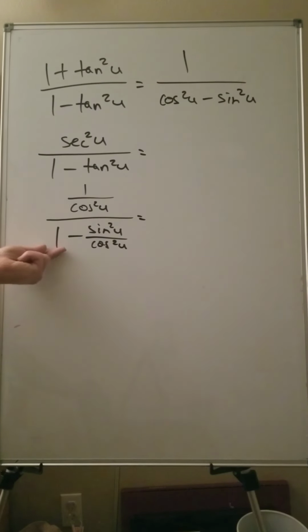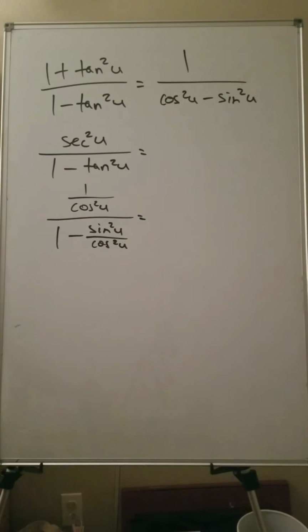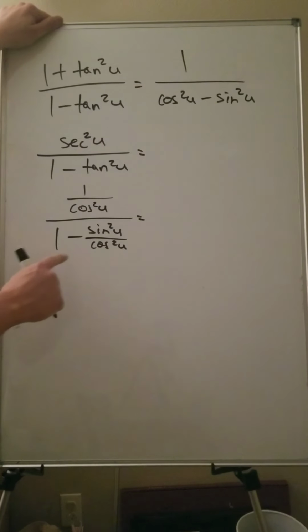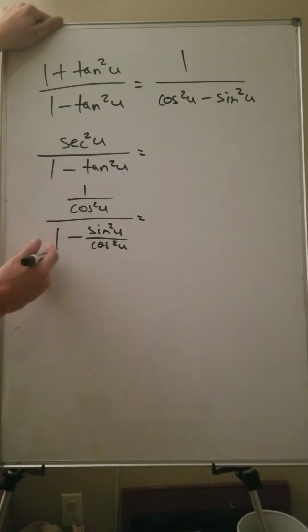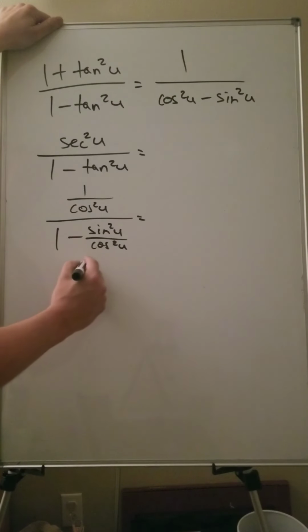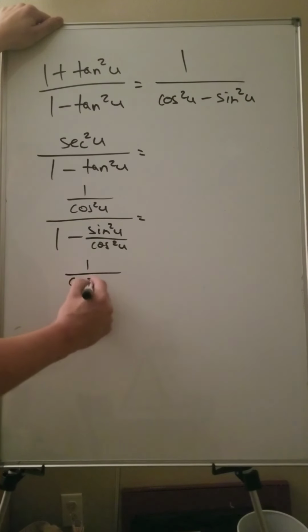Now I have this minus this fraction, so it'd probably be in my best interest to at least make common denominators here. The common denominator would be cosine squared u. So 1, I can rewrite as cosine squared u over cosine squared u. On top of this fraction, I still have 1 over cosine squared u.